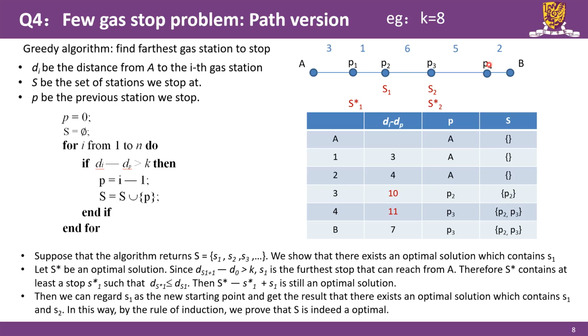Next, we look into the gas stop P4. Currently, the previous gas stop is P2. So D4, that is the length from A to P4, minus Dp will be the distance between P2 and P4, that is 11, which is also larger than k, that is 8.